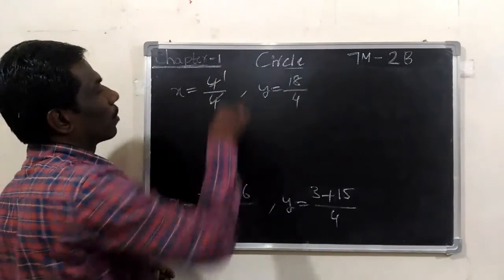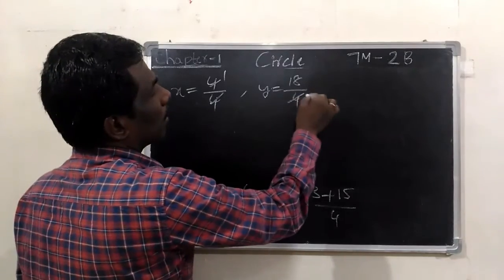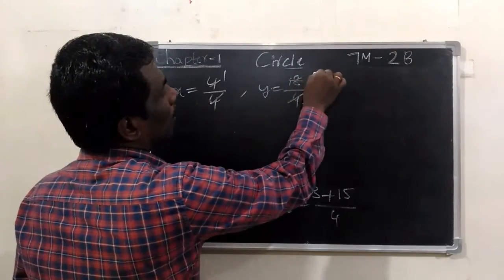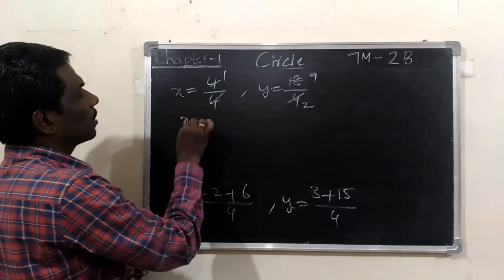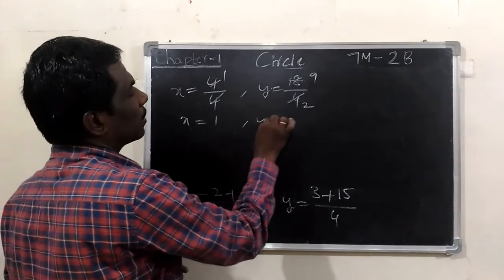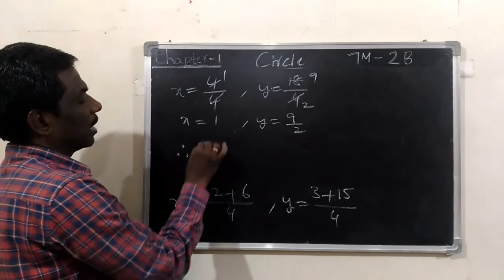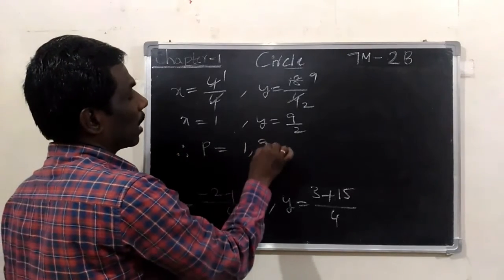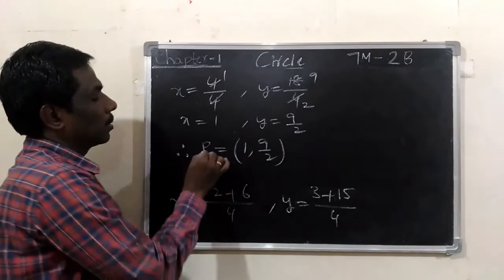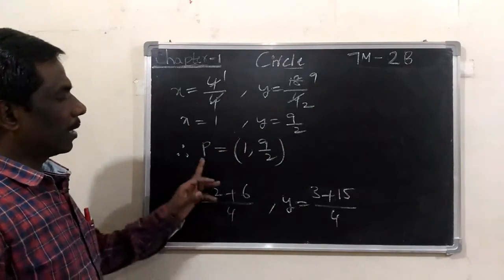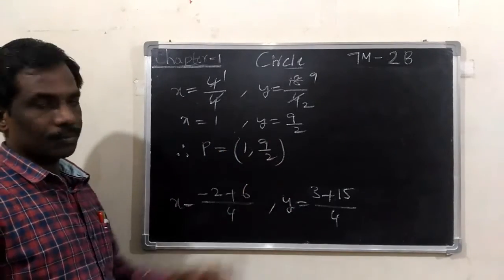So 4 ones are 4, and here 2 twos are 4 and 2 nines are 18. X equals 1 and Y equals 9 by 2. Therefore P equals (1, 9 by 2). This is the point P.